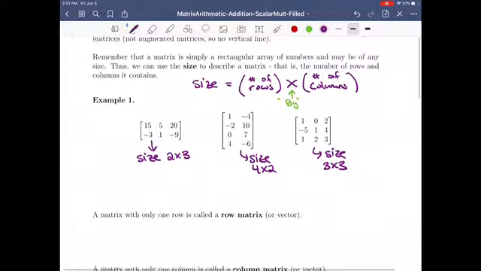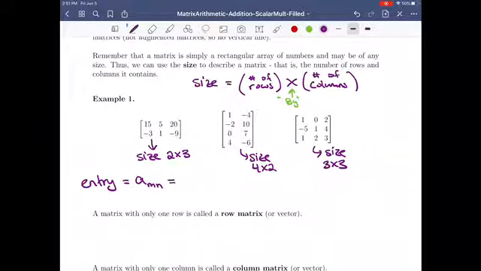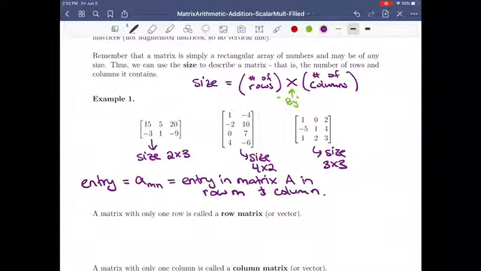Now we often want to talk about an entry in a matrix. We would write it as a little a, and then we have 2 subscripts, let's say m and n. So this would be the entry in matrix A that's in row m and column n.